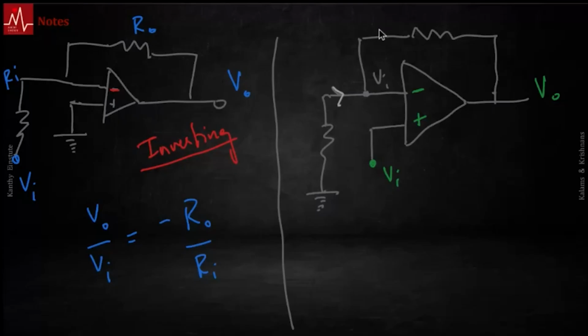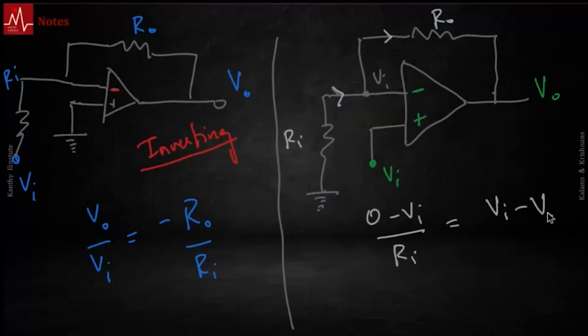So 0 minus VA, again, let's call it R0 and RI, I prefer calling it R0 and RI. 0 minus VA by RI equals the current there, that is VA minus V naught by R naught.